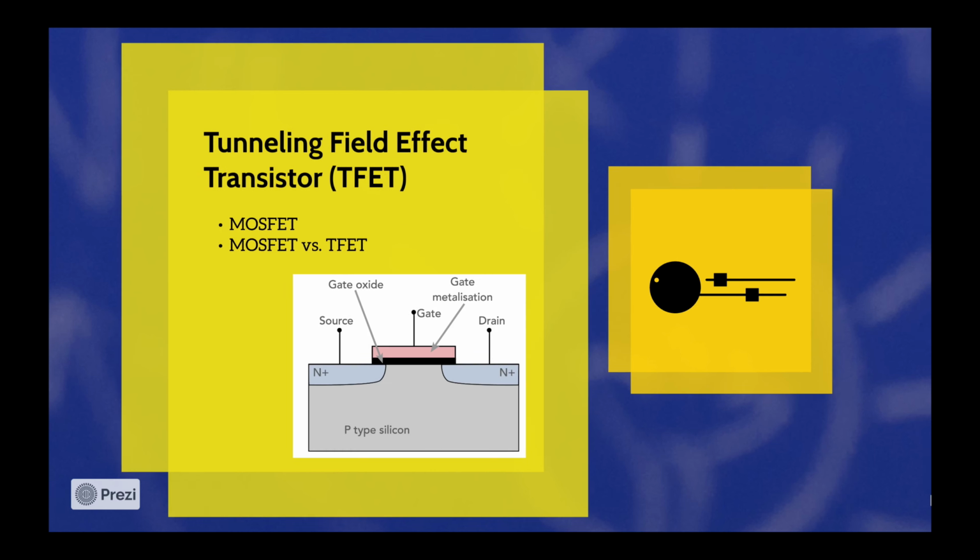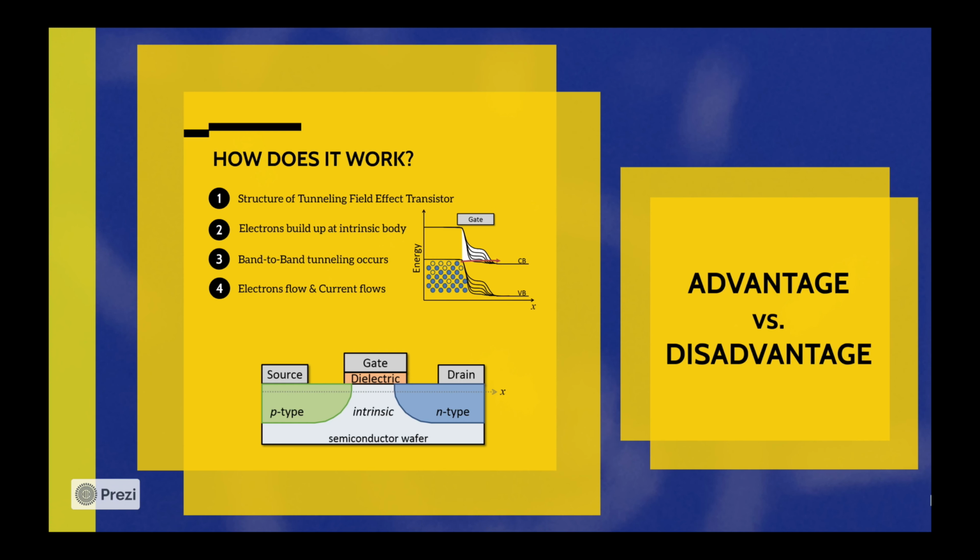Then how does TFET work? Before explaining how TFET functions, a transistor is composed of source, gate, and drain. For MOSFET, it controls the voltage to switch the flow of current. In MOSFET, source and drain are N-type, but the body is P-type.